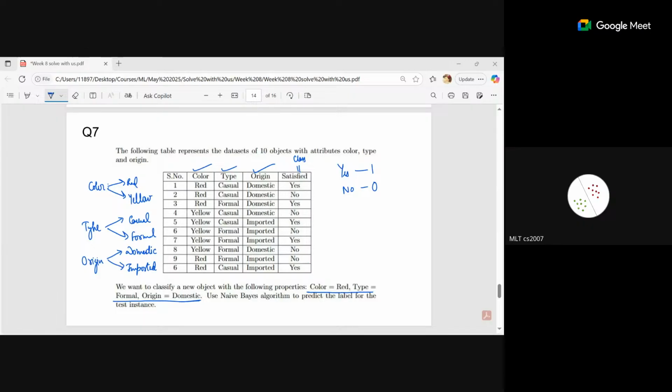It is not asking for the probabilities, it is asking whether it's going to be yes or no.